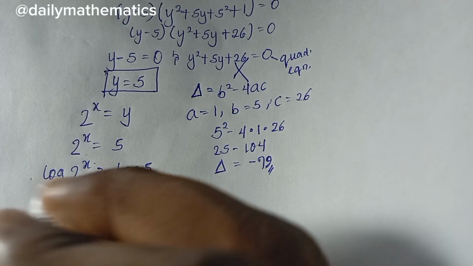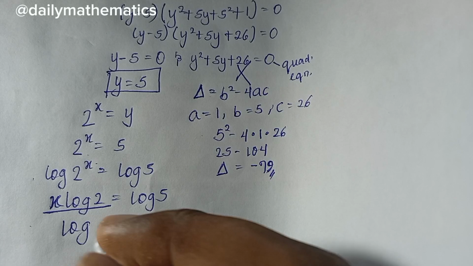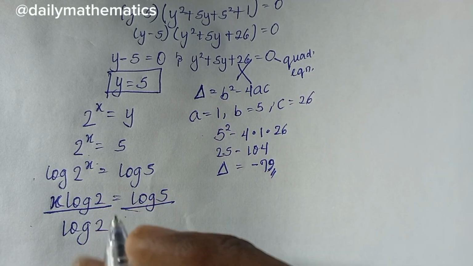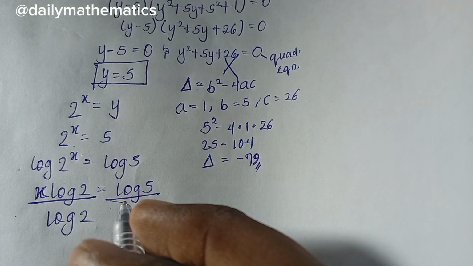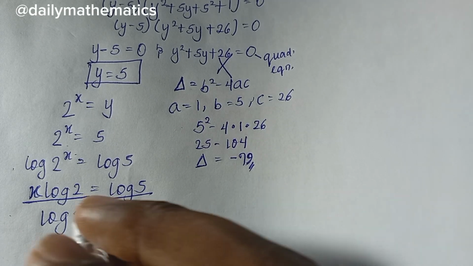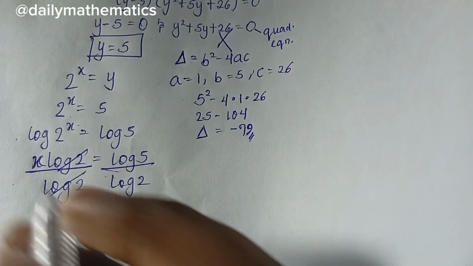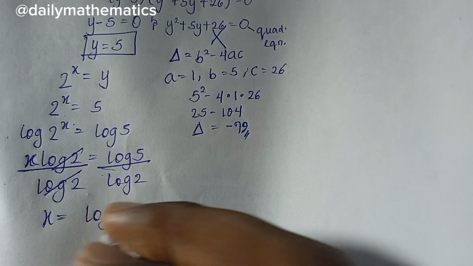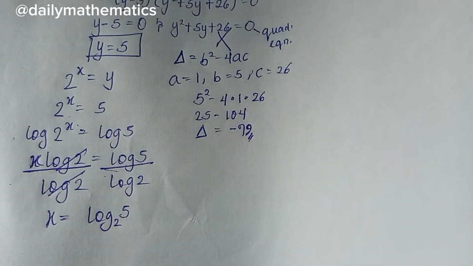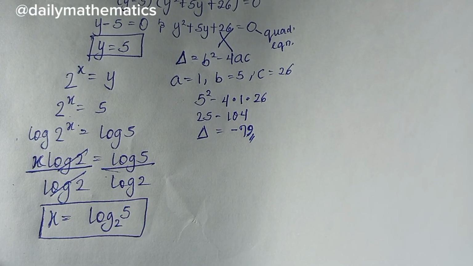Since we want to get the x, we divide both sides by the coefficient of the letter. So here log 2 cancels log 2. We have x equals log 5 in base 2, right? Log 5 in base 2.